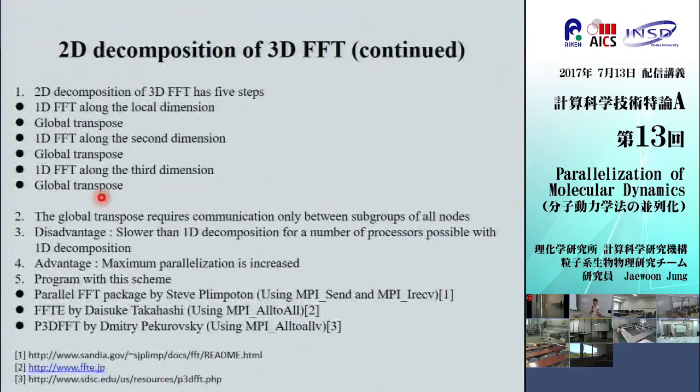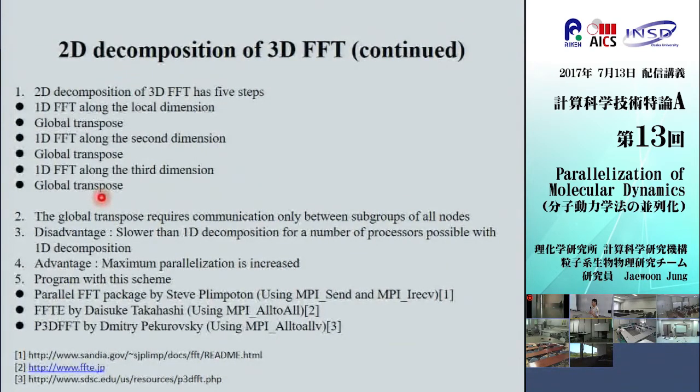I'm not sure how much you have performed FFT, but in FFT, there are 2 ways, in place and out of place. In place means that the input and output structures are identical. Out of place means that input and output structures are different.